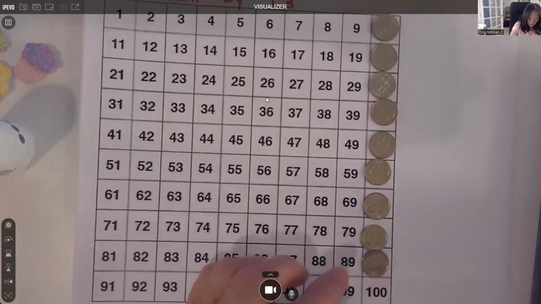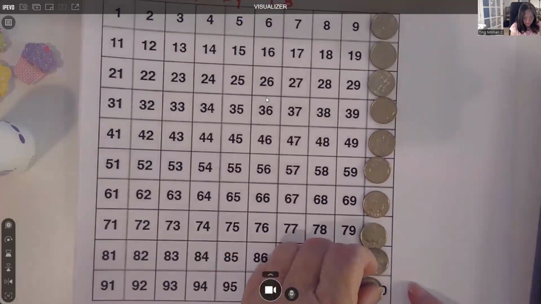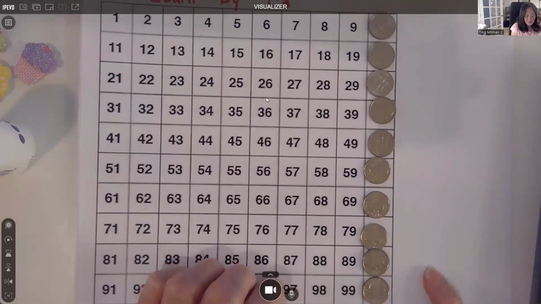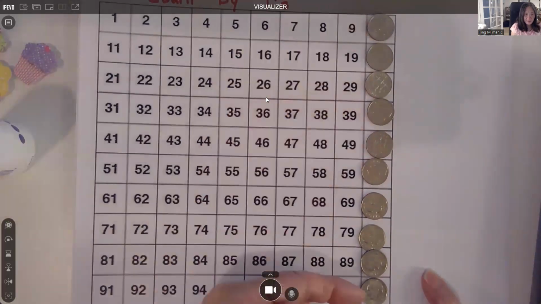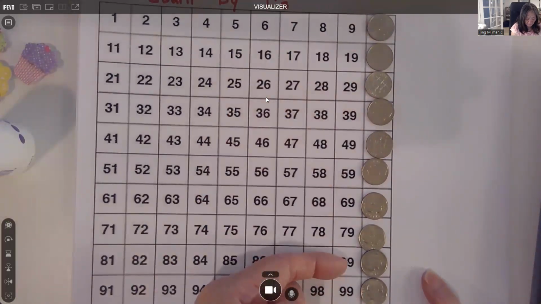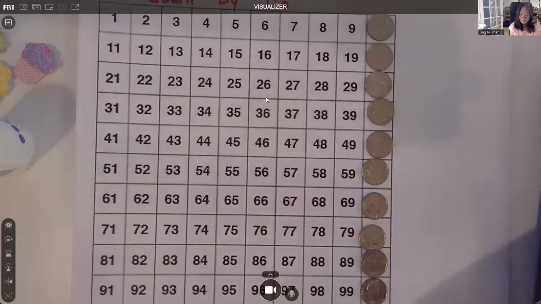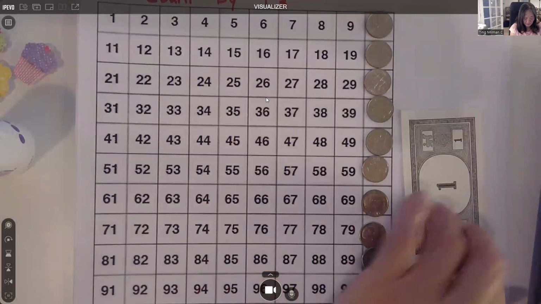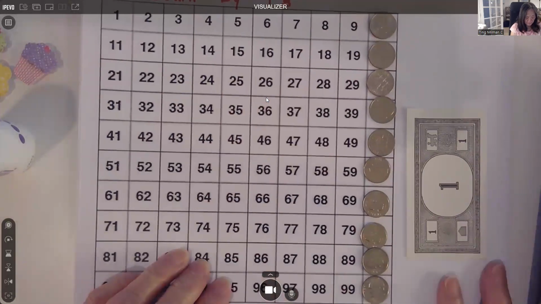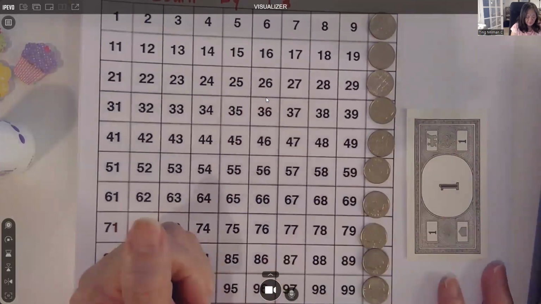And at the end, I have 100 cents, which is 10 dimes. And 10 dimes is $1, which is 100 cents. Right.